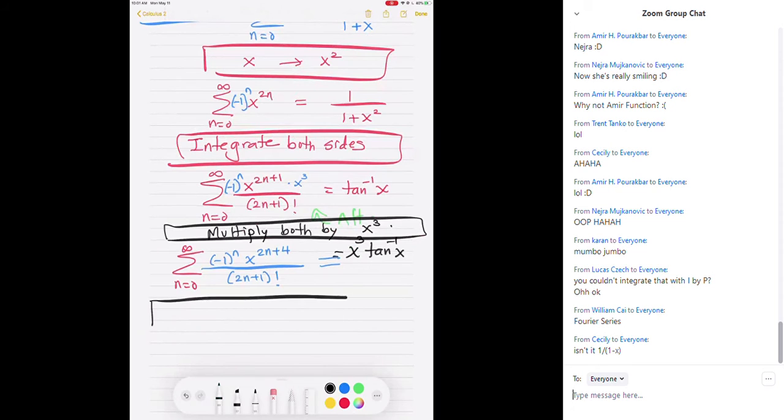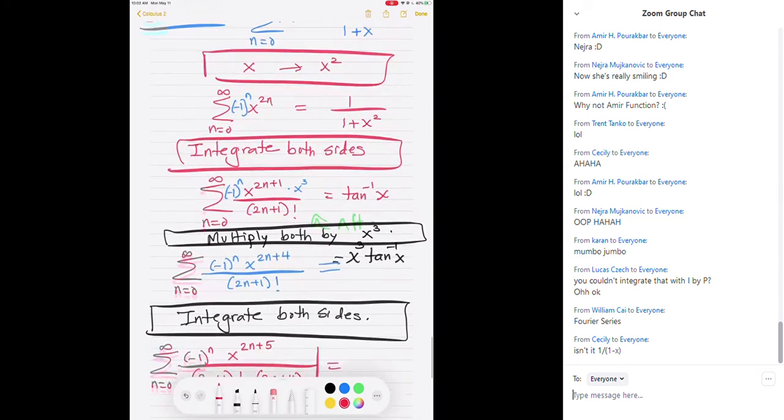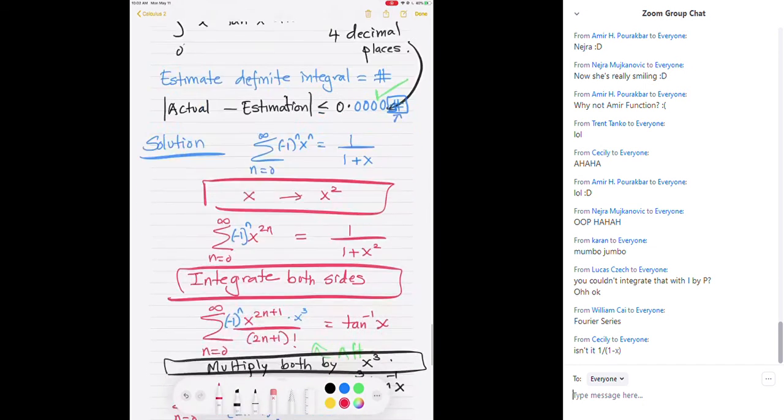Now I'm going to integrate. Remember, this is a definite integral. So I'm going to say this is n equals 0 to infinity, negative 1 to the n, x to the 2n plus 5 over 2n plus 1 factorial, 2n plus 4, equals, and I'm going to write this from 0 to half, because that was that integral.